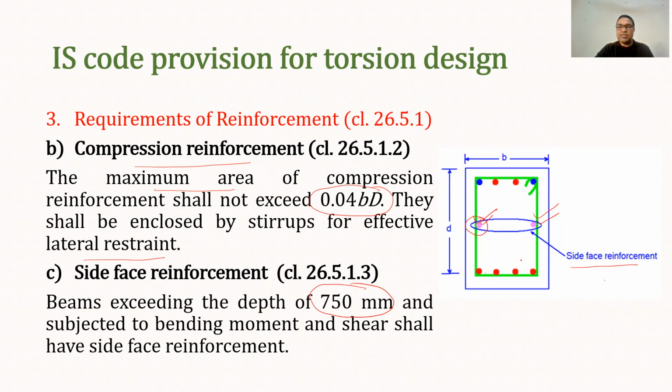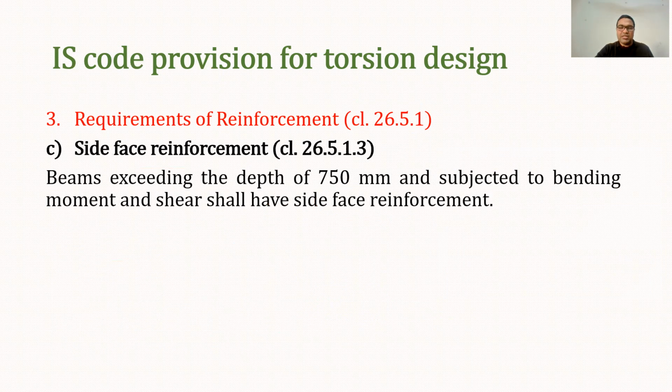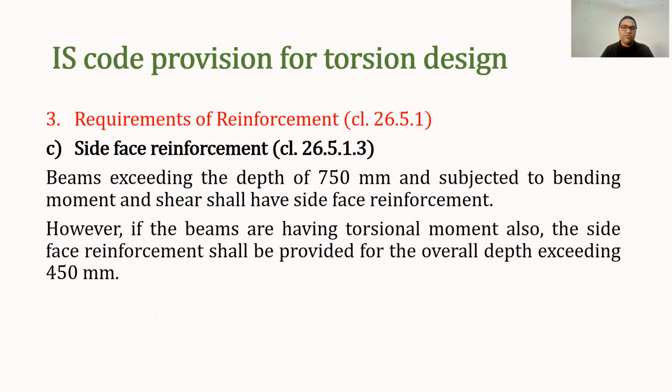In that case, the depth limit is decreased to 450 mm. So for a general beam it is a 750 mm limit, but for a beam subjected to torsion the limit is 450 mm. If the depth of the beam exceeds 450 mm, we have to provide side face reinforcement.